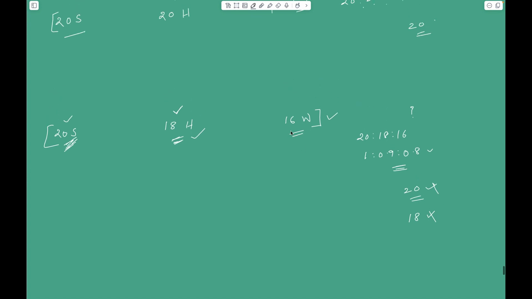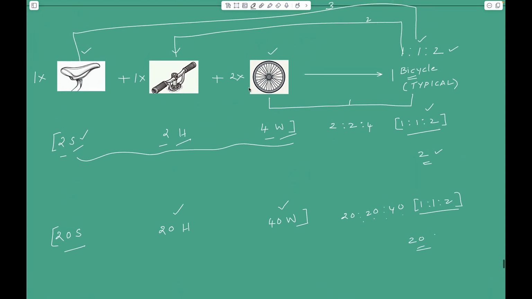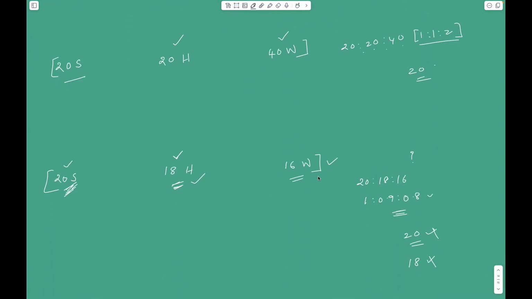Then we are left with the number of wheels. How many wheels do we have here? 16, right? And you know, to make one bicycle, you need 2 wheels. So using 16 wheels, you can make 8 bicycles, not 18, 8 bicycles. And to make 8 bicycles, you need 8 handlebars and you need 8 saddles.